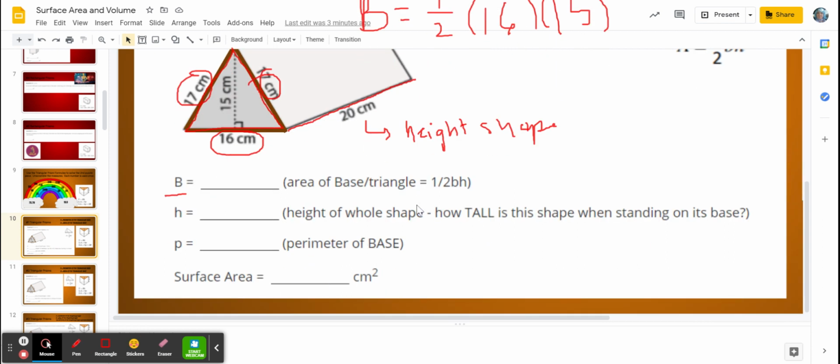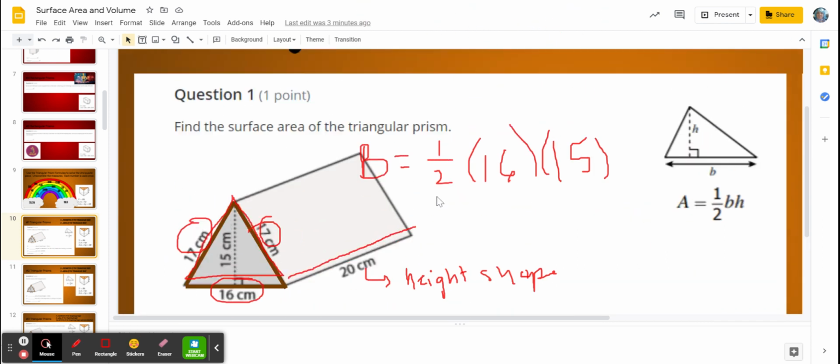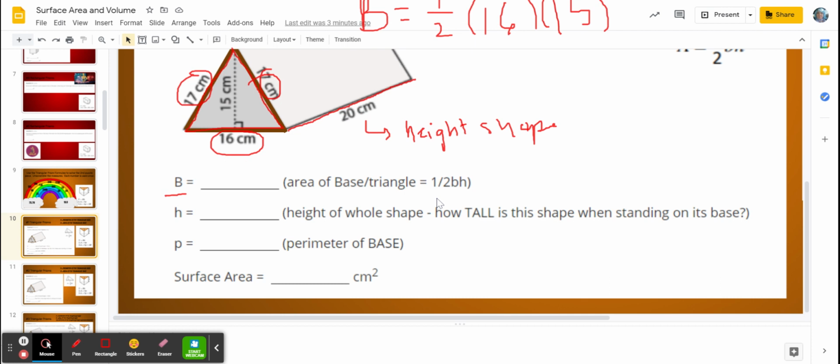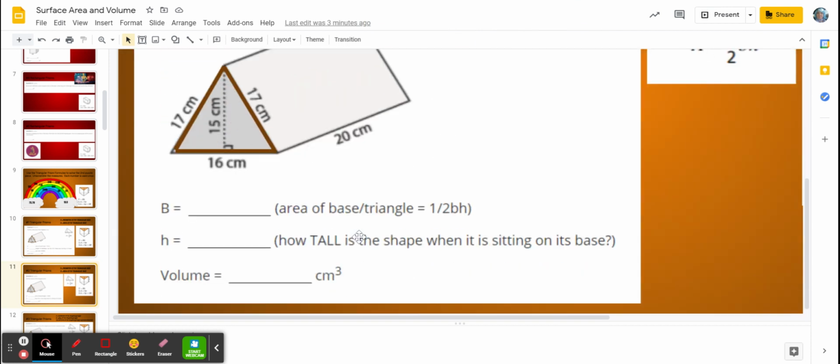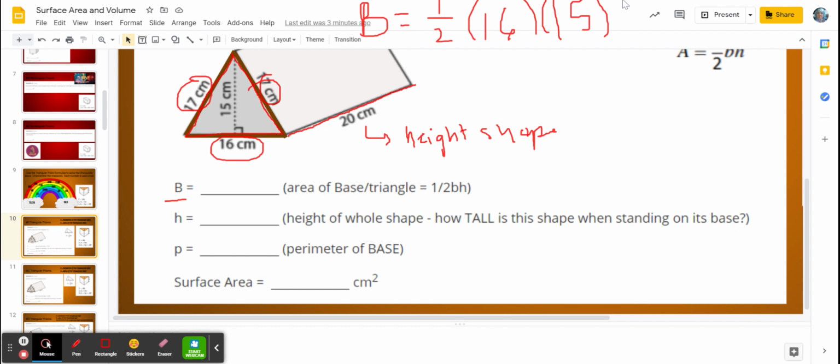And then the surface area is this crazy formula. To find the surface area of that triangular prism, surface area is HP plus 2B.